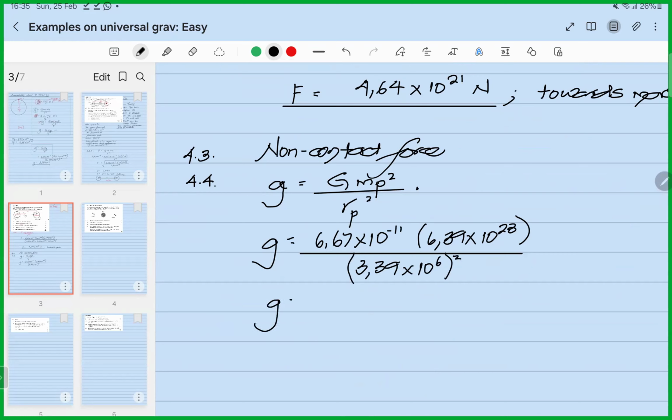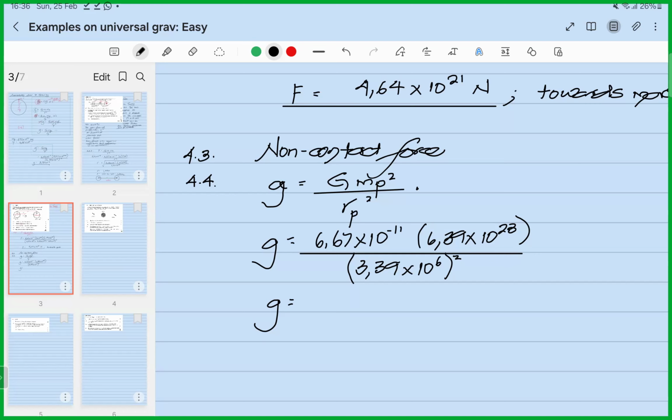Anybody's got an answer for the acceleration due to gravity on Mars? If I remember correctly, it's about 1/3 that of the Earth. So about 3.3, I'm guessing. 3.7.